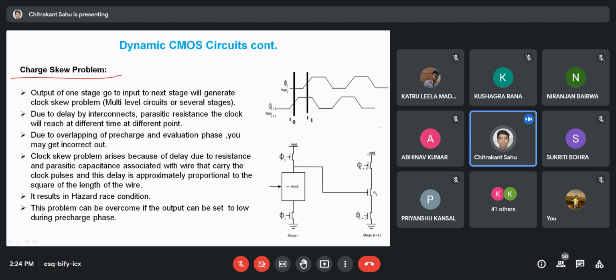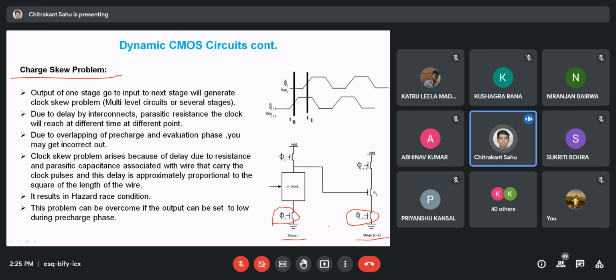Skew is when the clocks are not arriving simultaneously. Like if it is a clock, and the next block is connected, because one dynamic logic has to drive another network, the next stage. So you can say this is stage i and this is stage i plus 1. Okay, and even in sequential logic circuits, basically all the clocks should arrive simultaneously, right?